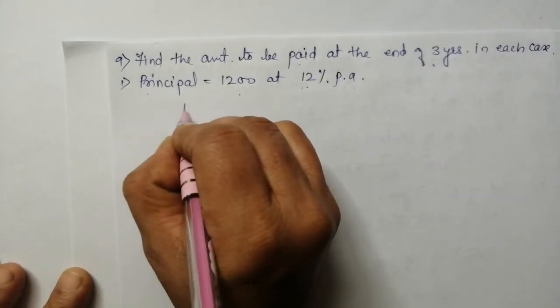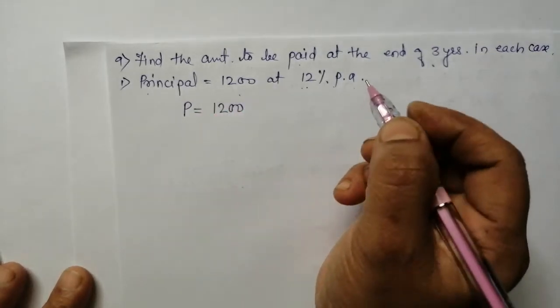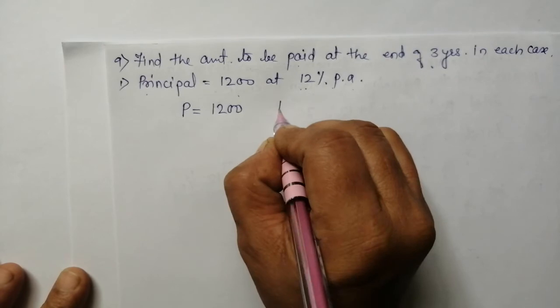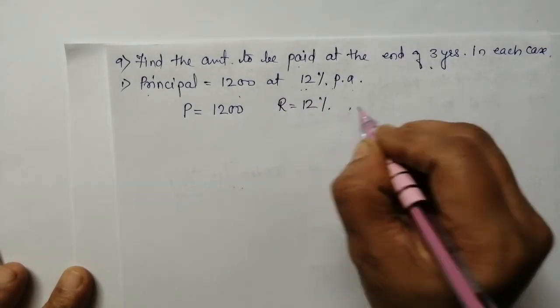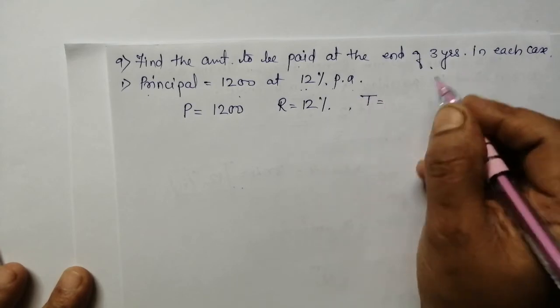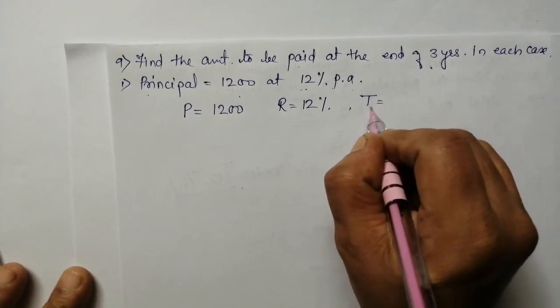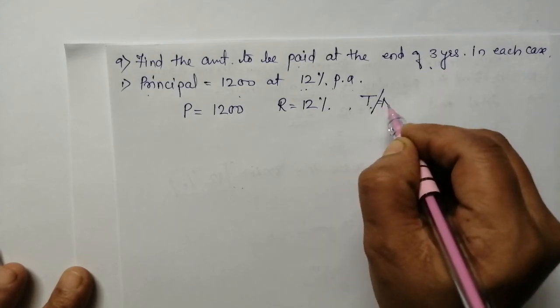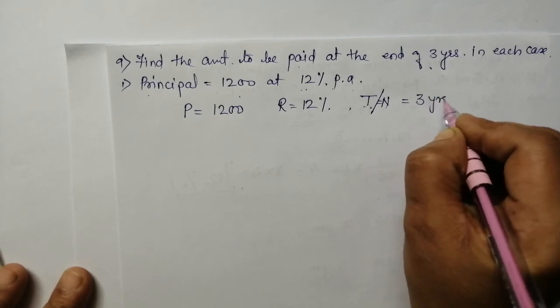That means here P is equal to 1200 rupees. Then rate of interest is equal to 12%, and here the time period, also denoted as T or N, is equal to 3 years.